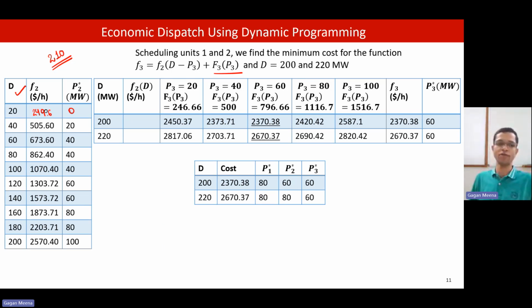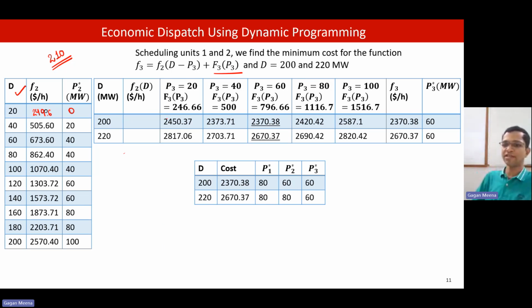We need to add one more unit, unit 3, which we are going to add now. For these 2 demand values, 200 and 220, because 210 lies in between, we need to calculate the generation mix as well as cost for these 2 load levels.